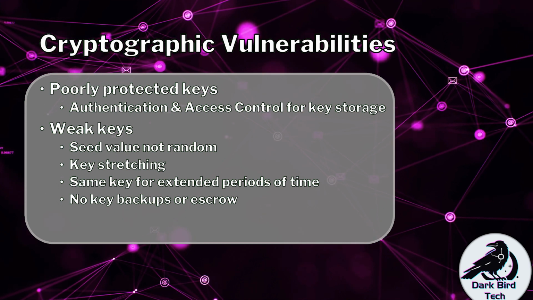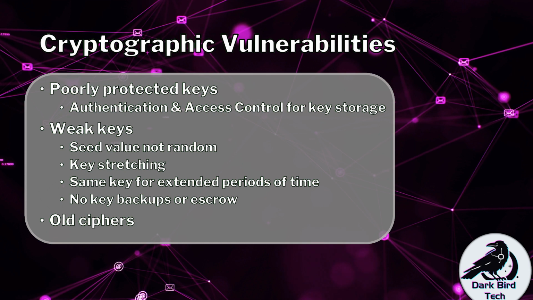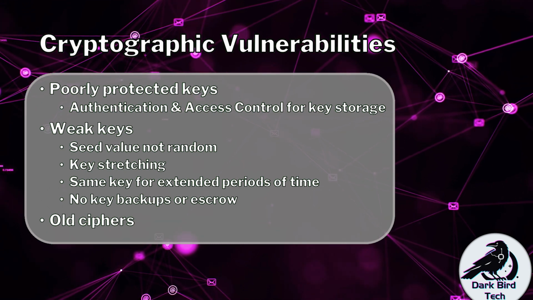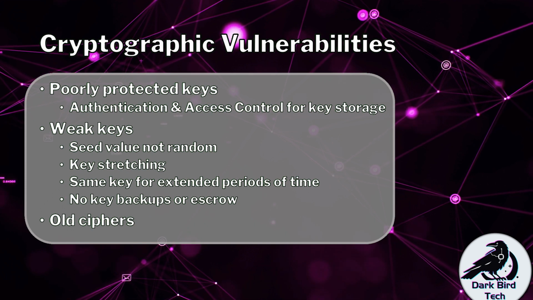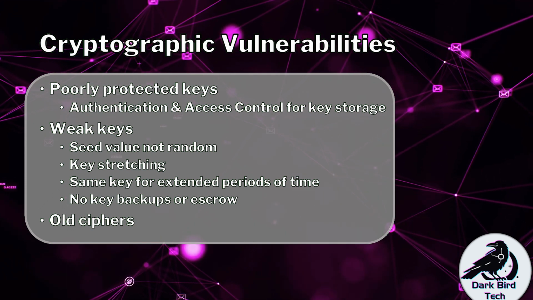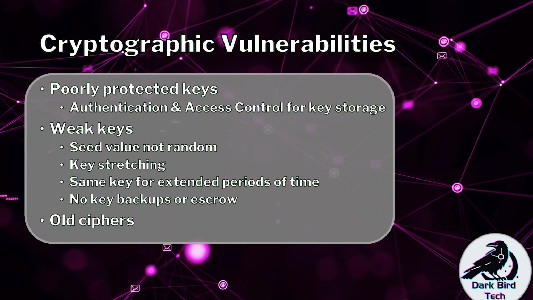Another thing to also watch out for are old cryptographic cipher suites. Now, the reason why we must be careful about this is usually when it comes to encrypted network communications, the two parties that are going to communicate normally negotiate what's the best cryptographic cipher that both can manage.